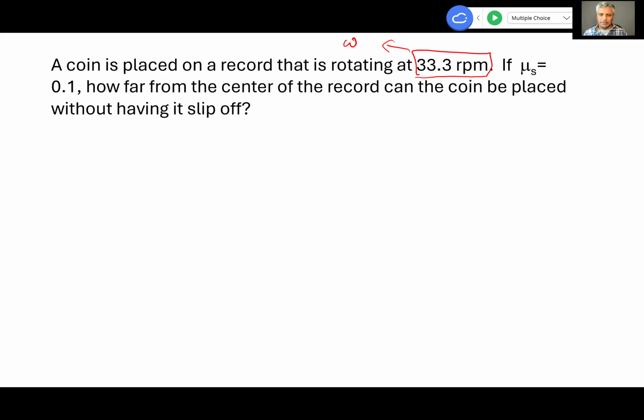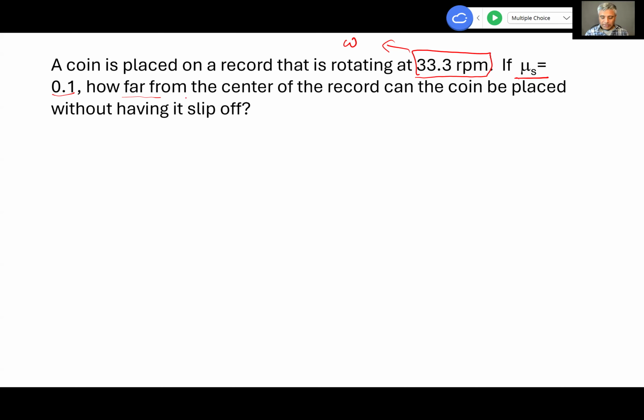RPM, full form of RPM, probably you guys know that. Revolutions per minute or rotations per minute, okay? So RPM and friction coefficient are given. So since it is trying to slide, it is static friction. Before it starts sliding, it was trying to slide, okay? So that is the static friction coefficient, not force. It's the coefficient that's given, not the force.